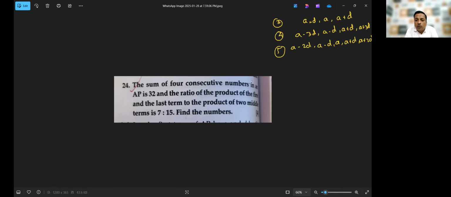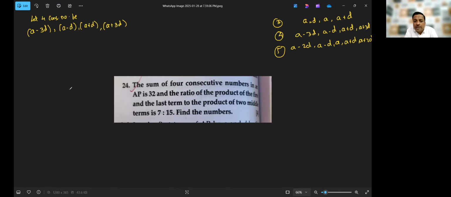अब क्या बोला है? Let the 4 consecutive term numbers. So we will write let 4 consecutive numbers be. क्या लिखा है हम लोगों ने? a minus 3d first, a minus d second, a plus d third and a plus 3d. Okay.